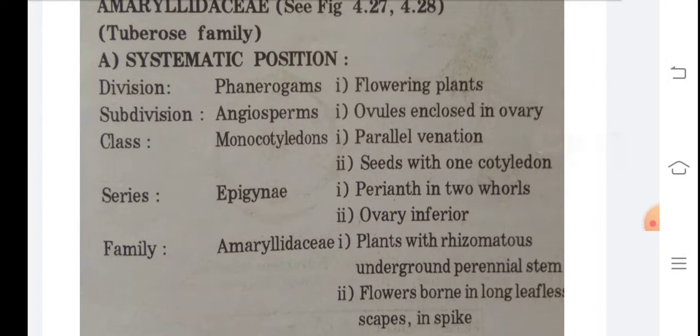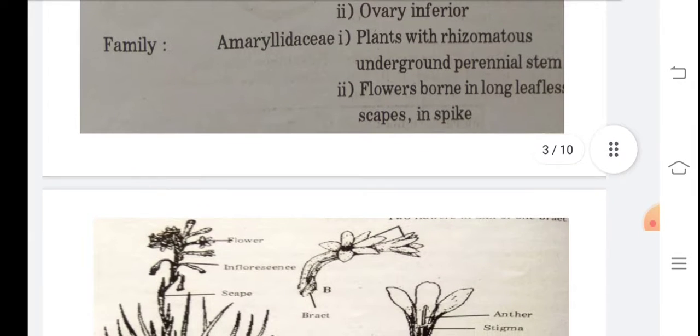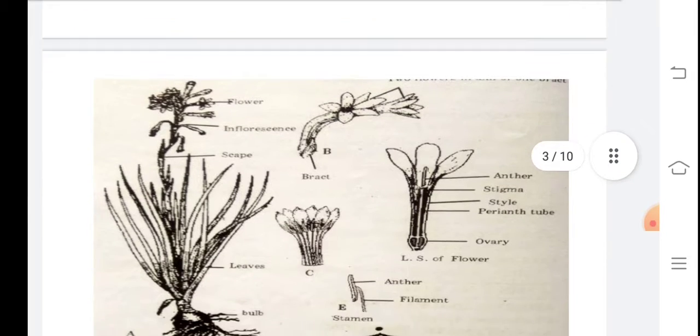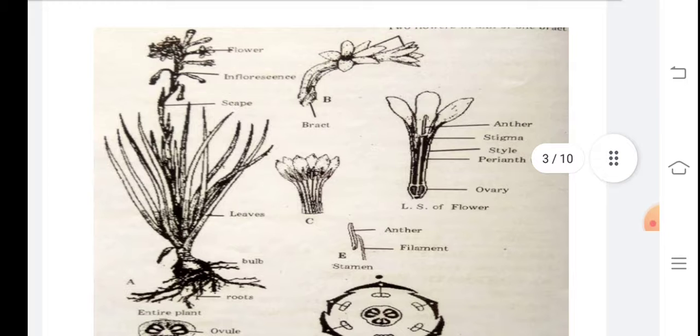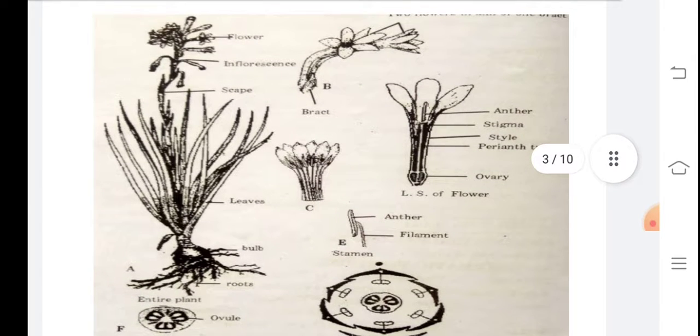Generally epigynous means the flower is epigynous, so ovary inferior. In this family the characters are: plants rhizomatous, underground perennial stem, and the flowers borne on a leafless scape or spike type. Today's family, as we are going to see, is Polianthes tuberosa.